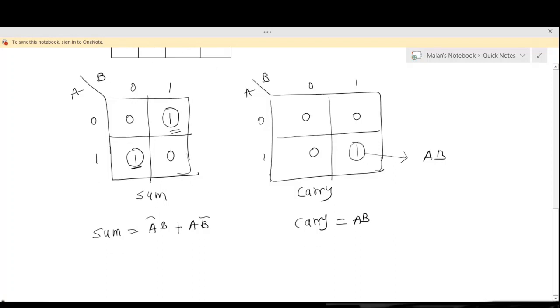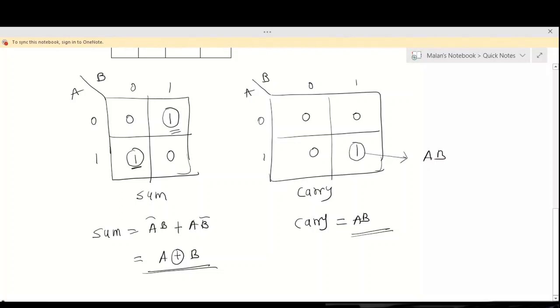So the expression for the sum is A bar B plus A B bar. We know that A bar B plus A B bar is the expression of the XOR. So I can write the expression like this: A XOR B. This is the final simplified expression of the sum and this is the expression representing the carry.